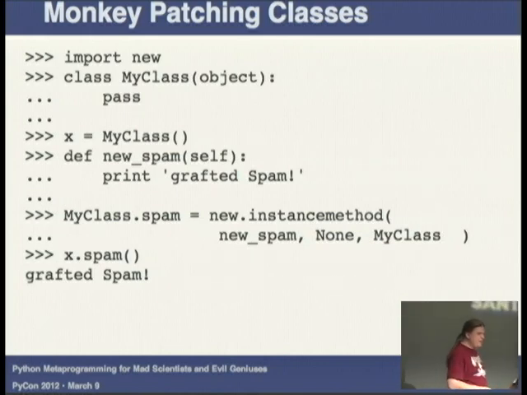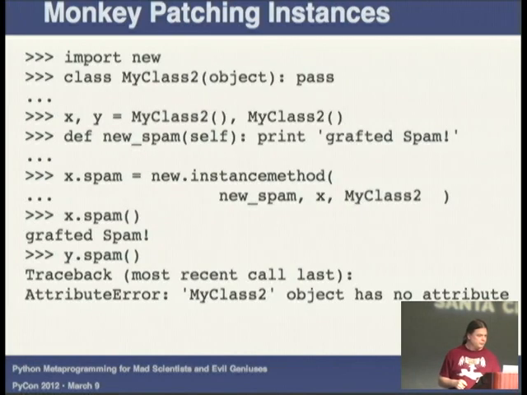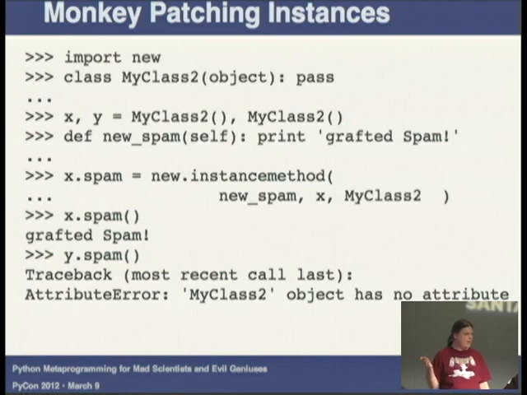Anyway, so that's the basic idea of monkey patching a class: the simple things, you just go ahead and swap them. The methods, you've got to call new instance methods, but other than that, things are pretty straightforward. And here's an example of monkey patching instances. So I've got X and Y, they're both instances, and I decide that I want to graft something onto X. So X has a method that Y does not, and there you go, you could do that.